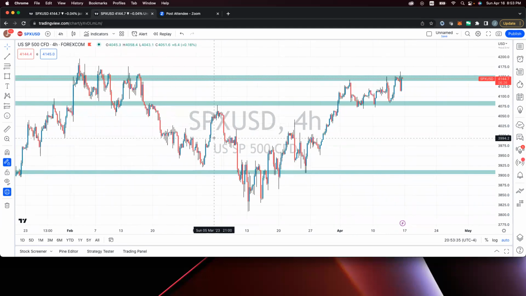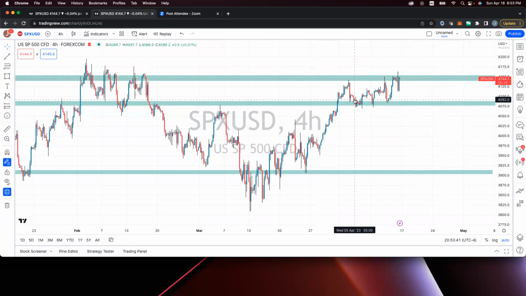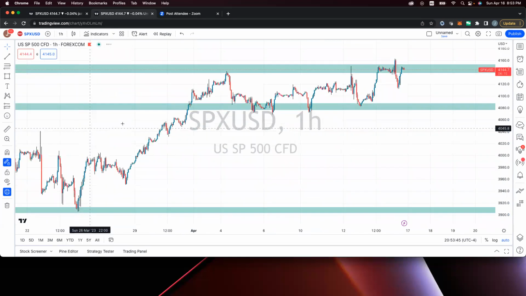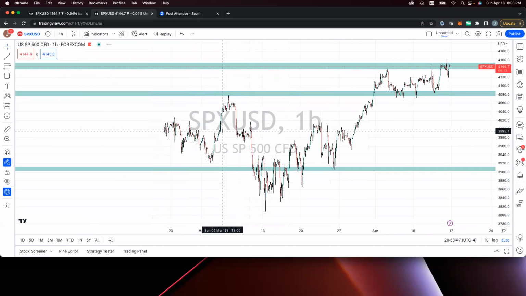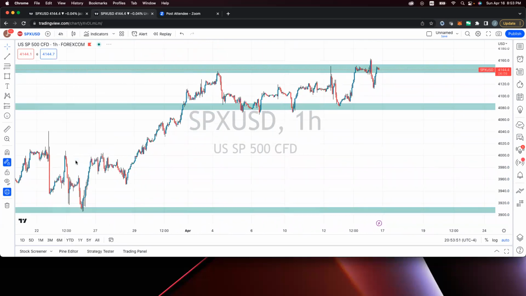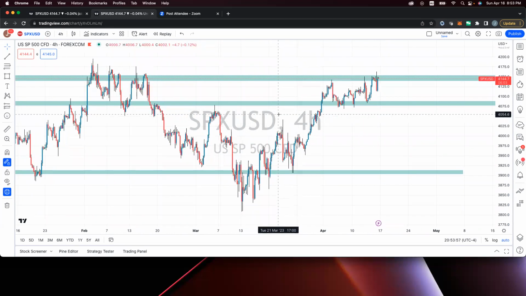Right now, let's say this here is 41, 40. So see how this is like 10 points. So on 1 hour, it's gonna look like huge. Okay, so let's first draw something in the middle.